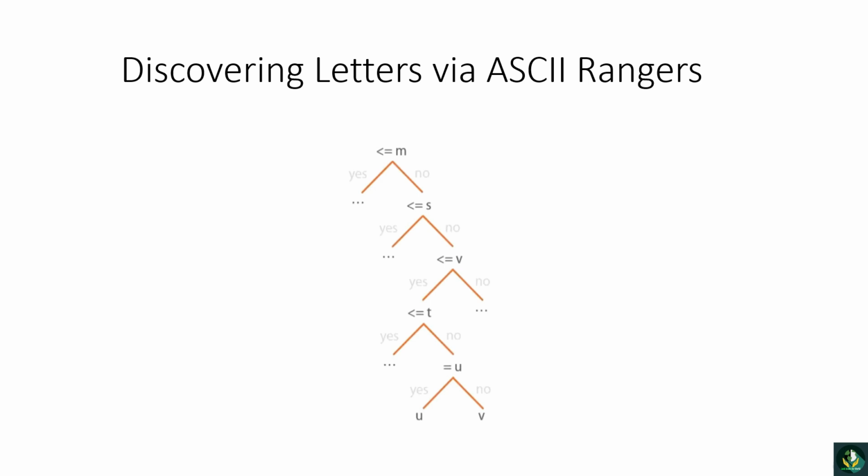Now if it's no, then I am going to go right, and I am going to ask about S, because S is the next middle character between M and Z. Then from there it's going to fall down to: is it less than or equal to V? So now we are narrowing down the range, where it is greater than S but less than or equal to V.